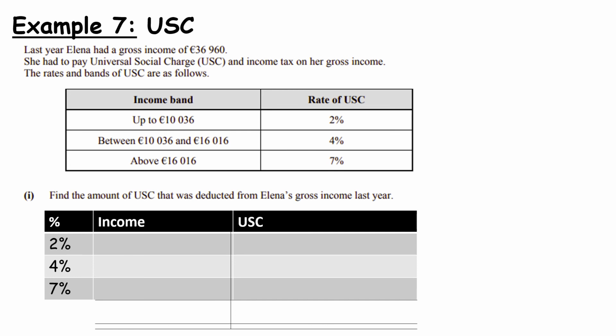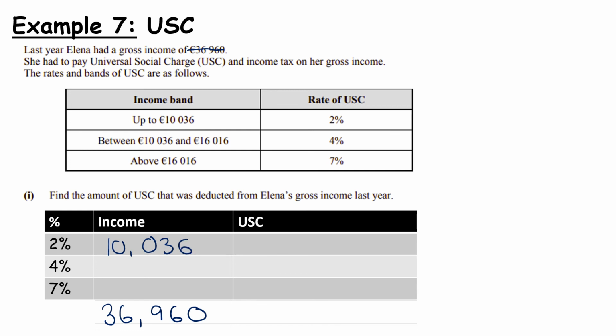So I'm going to use a table. We have 3 rates, 2%, 4%, and 7%. We need to split up our income so that it adds to a total of 36,960. That was her total income that we were given. We're told that the first 10,036 is at 2%.